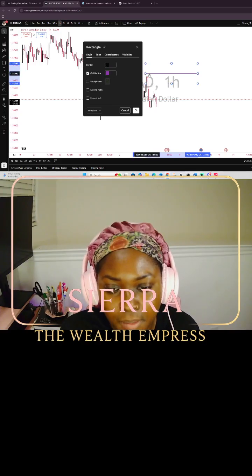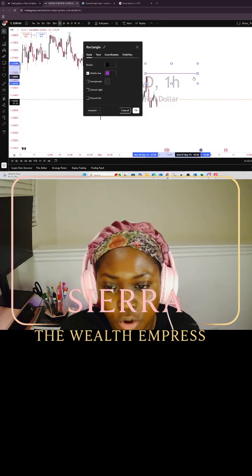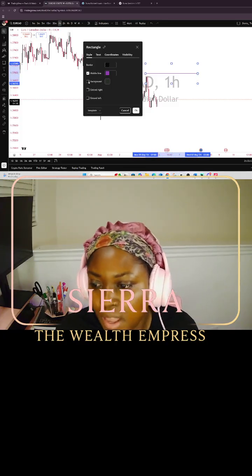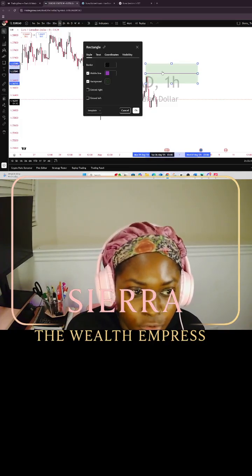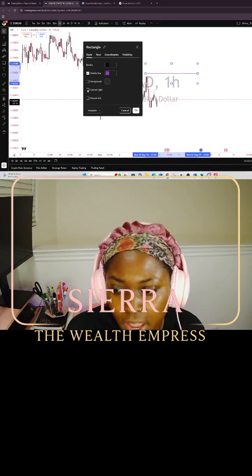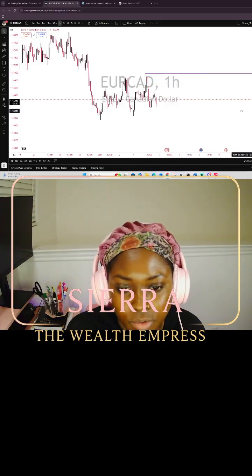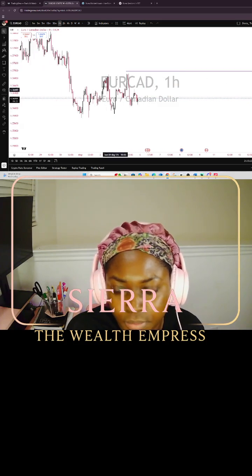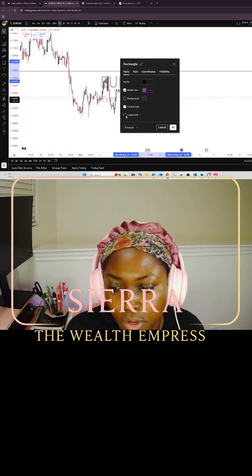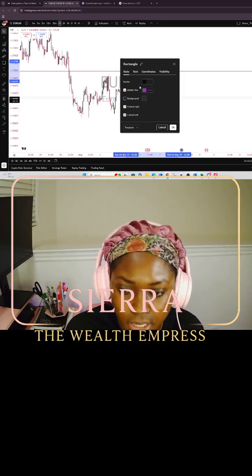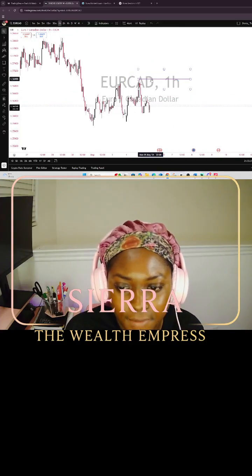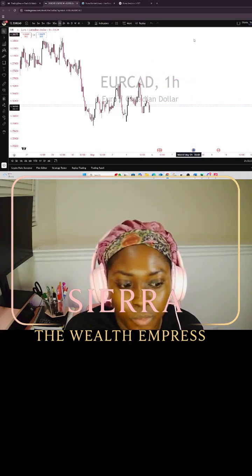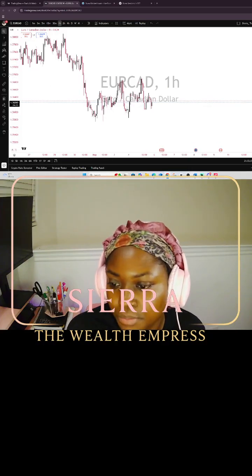That's how I get my 50% of my zone by just using this middle line. And then I don't check my background, but if you want, you can have a background, okay? And then you can click extend right to extend it further to the right, or you can press extend left to extend it to the left, okay? So that's how you get that 50% with that rectangle.